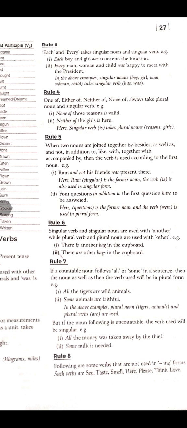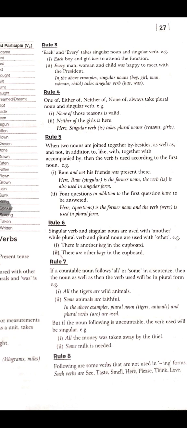Four questions in addition to first question have. Here we are using "have" because of the first noun. And what is the first noun here? The first noun is four questions. So "questions" is in plural form. That's why we are using "have" here.